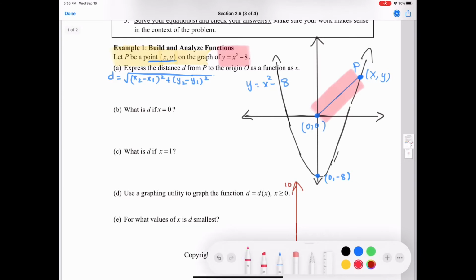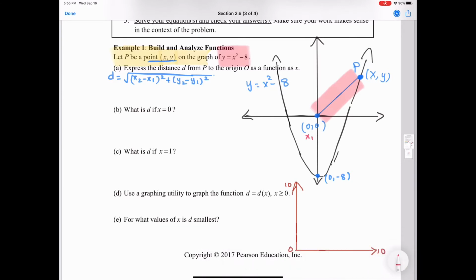So we will label one of these points as x1, y1, the other point as x2, y2, and then I would plug it back into this equation. So I'll have D equals the square root of x2 minus x1, so it's x minus 0 the whole squared plus y minus 0 the whole squared. So this is leading me to an equation D equals the square root of x squared plus y squared.